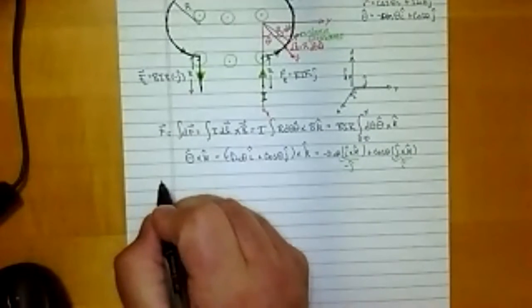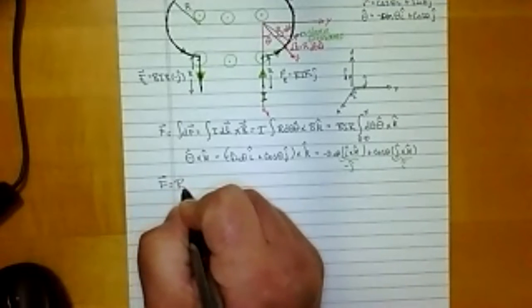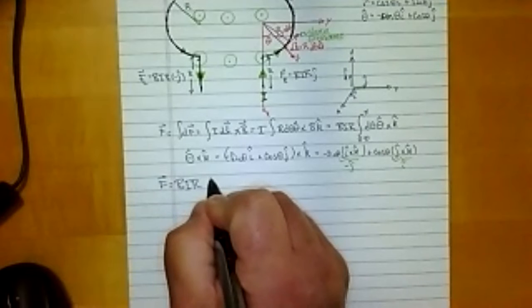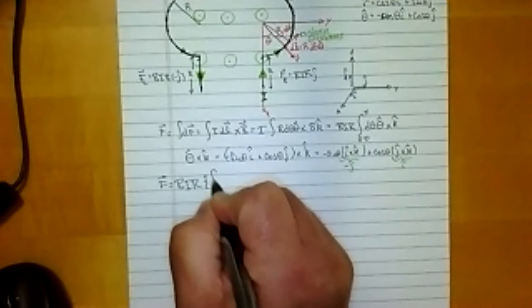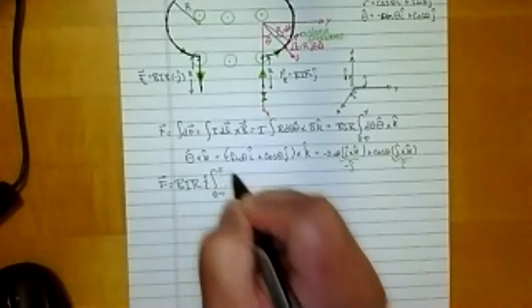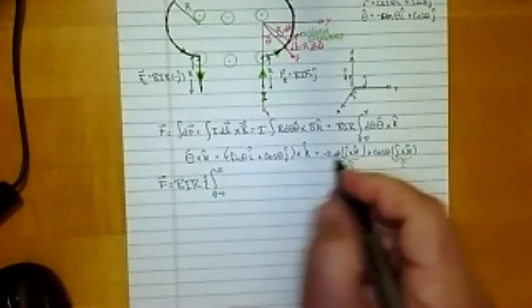So now we can go back to our actual integral and start working that out. Again, we got F is equal to B I r times, I'm going to put a little bracket here, integral from theta equals 0 to pi of negative times the negative is going to give me a positive.